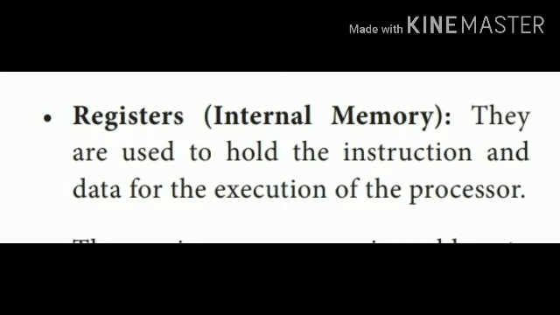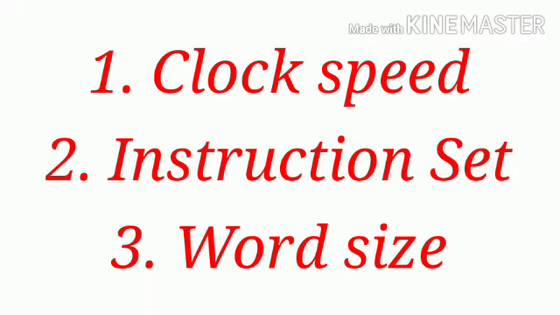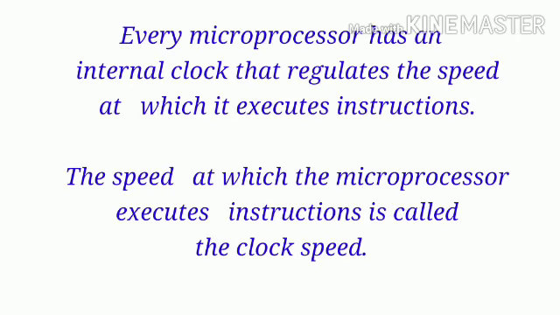The next one is characteristics of a microprocessor. The main characteristics of microprocessors are clock speed, instruction set, word size. First one is clock speed. Every microprocessor has an internal clock. The main role of the internal clock is to regulate the speed of executing instructions.